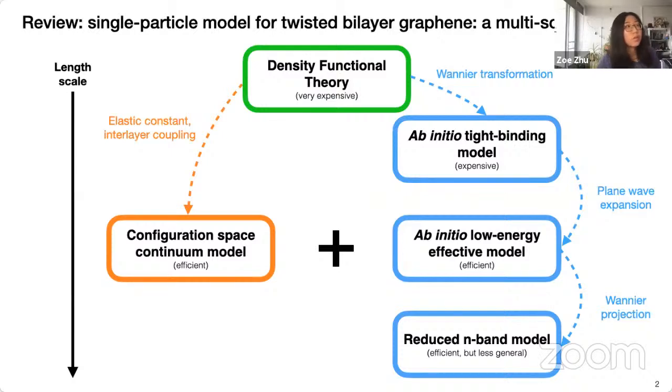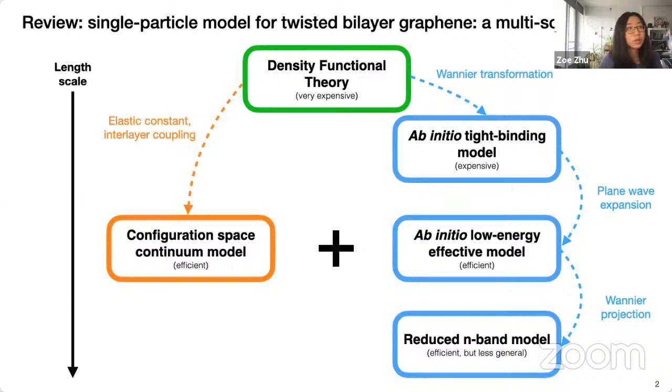So just a quick review of yesterday's talk by Professor Katsura. He introduced a single particle model for twisted bilayer graphene. This is a framework that was developed by our group using a multi-scale approach.